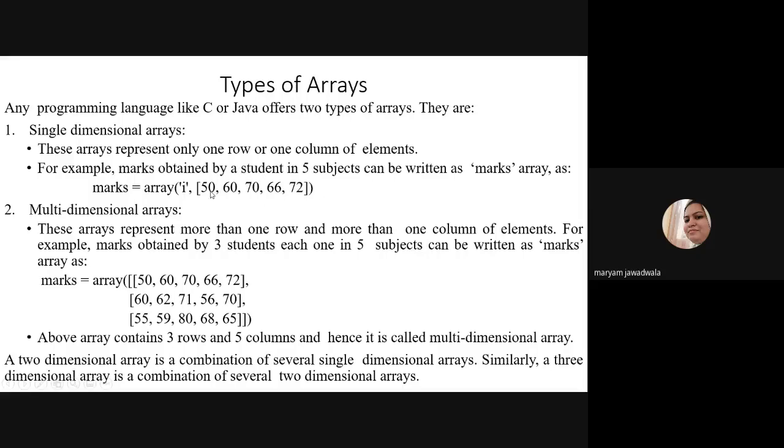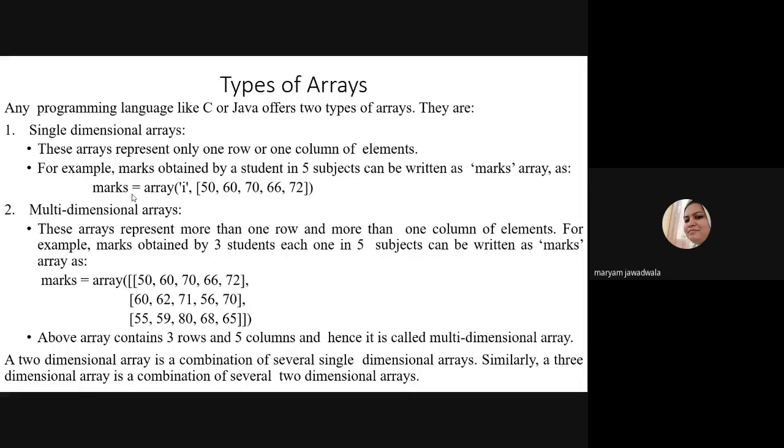Likewise, I can write all these elements in vertical fashion as well: 50, then 60 in another line, 70, 66 and 72. So this becomes my column matrix, meaning the array consists of only a single column. So a single row or single column matrix is nothing but your single dimensional array.